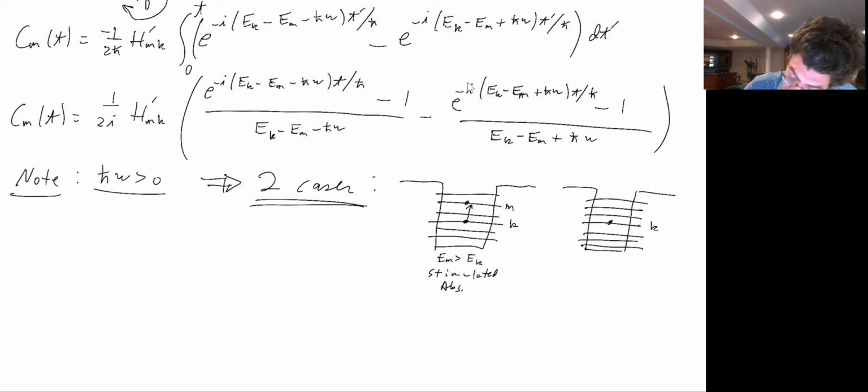And this other one is when Em is down. So Em is less than Ek, and this one we call stimulated emission. These are the two cases; I'll call this one case 1 and this one case 2.